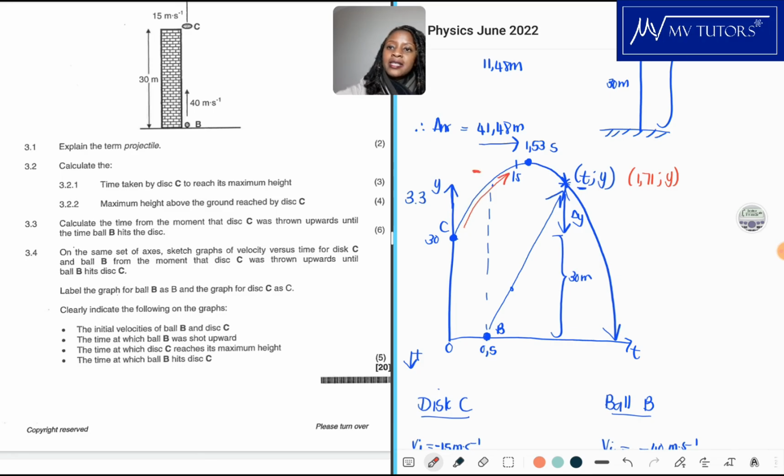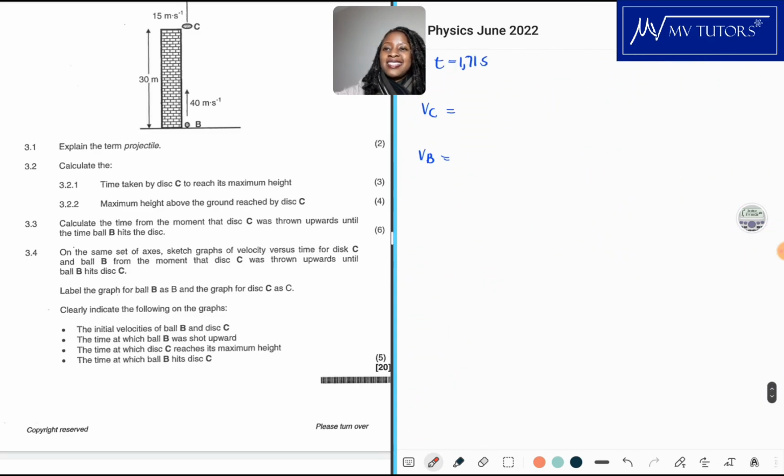But now that it's going down, I'm expecting this velocity to be positive. On the other hand, ball B is still going up until it reaches the disc, so I'm expecting its velocity to be negative. Let's test our theory.